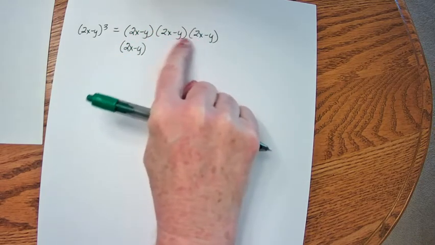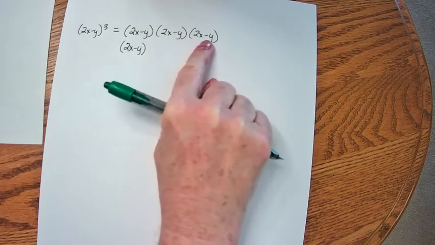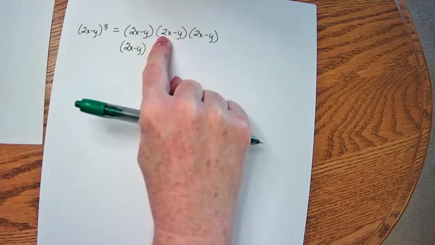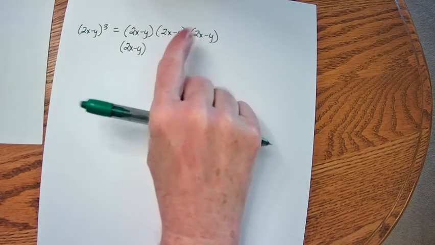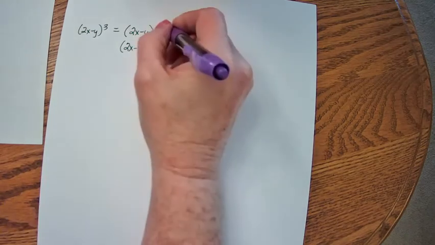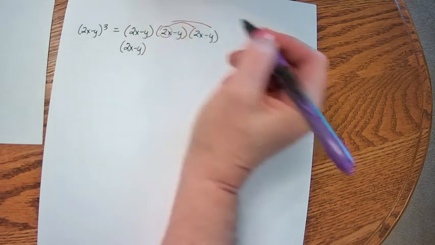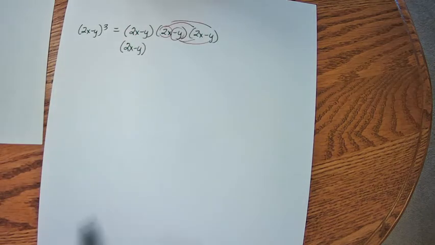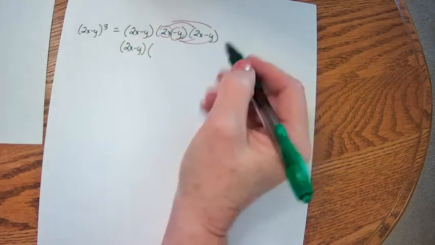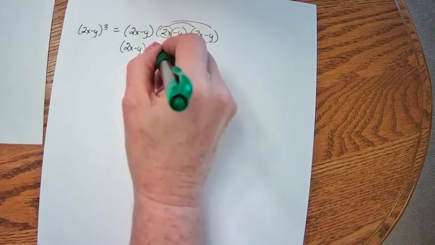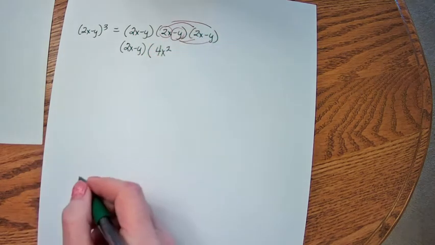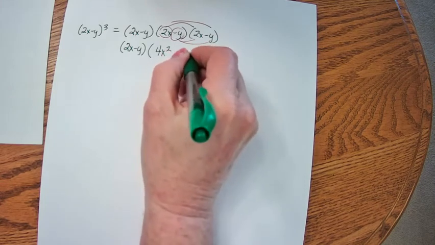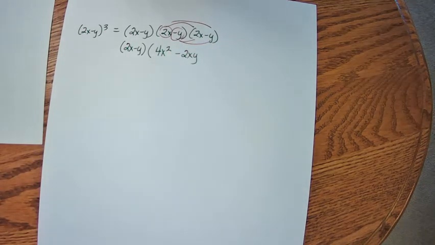Now, to expand this, it's going to be everything in the second polynomial by 2x, and then everything in the polynomial multiplied by negative y. Let's do 2x first. 2x times 2x is 4x squared. 2x times negative y is negative 2xy.